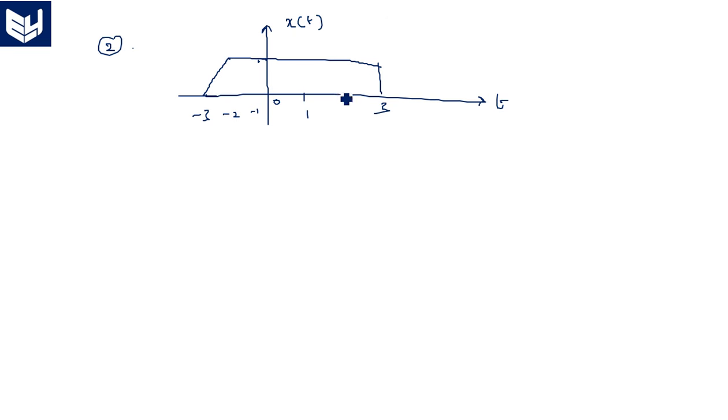This is 1, 2, and 3. This is the given signal. The amplitude does not matter here because we are not working on the amplitudes. Sketch x of minus t plus 5.